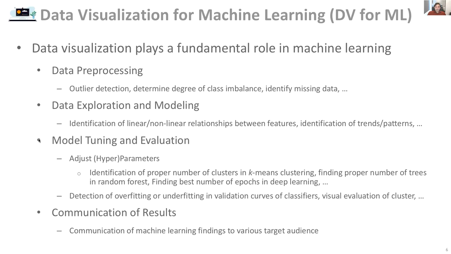In order to achieve this, we need to adjust different parameters of our machine learning model, such as the proper number of clusters in k-means clustering, the proper number of trees in random forest classification, the optimal number of epochs in deep learning, and many other examples of these parameters. Also, we can evaluate the model by visualizing its performance to ensure that we are not overfitting or underfitting the data. In case of clustering, visualization helps us evaluate the clusters.